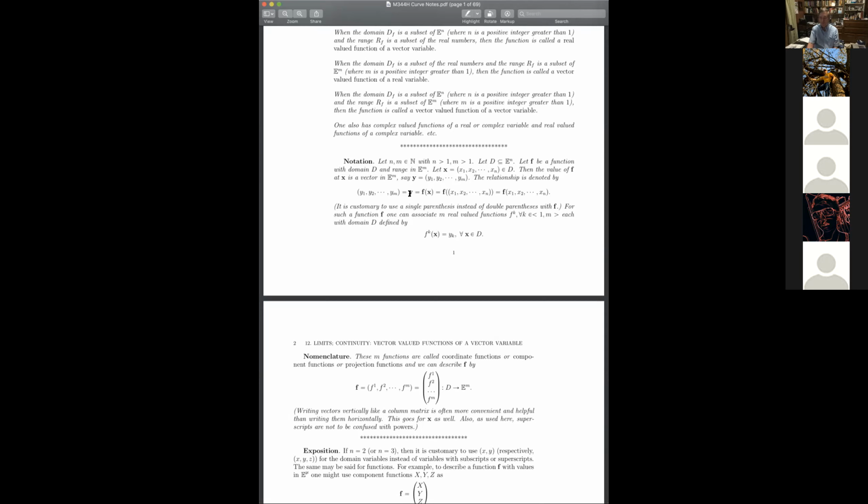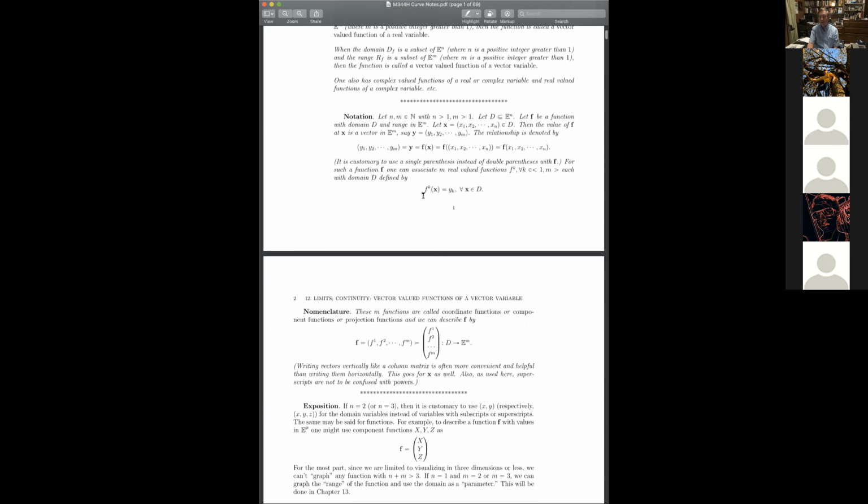Now, the good news is that when I go into m dimensions, I can always explain it by having m functions go into 1 dimension. Because of the subscripts for vectors, I'm going to use superscripts, not powers, superscripts for which function, because a function that goes into m dimensions like 7 is going to have 7 functions that go into 1 dimension.